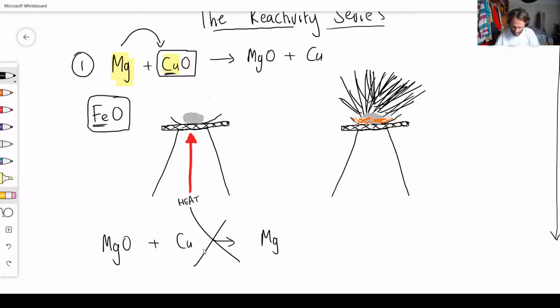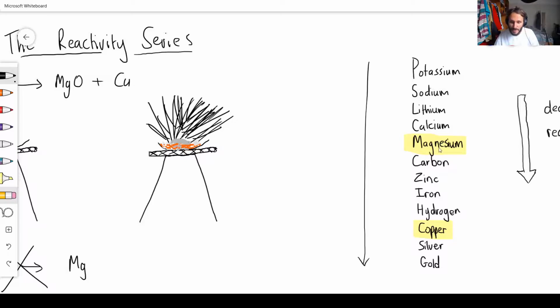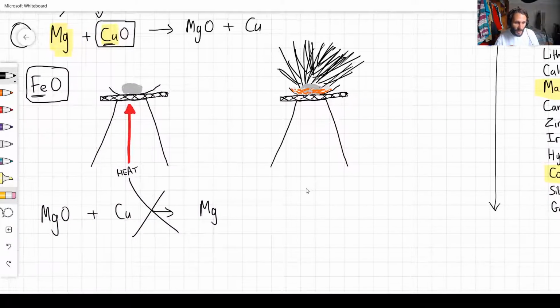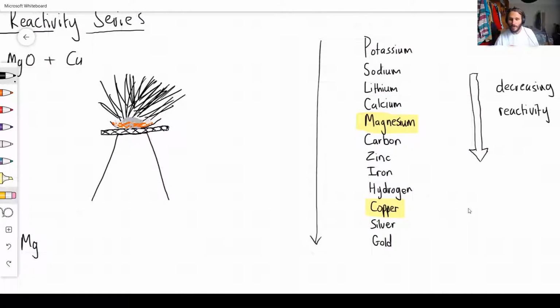The reason it doesn't happen is because magnesium is higher than copper. You can't take copper and replace magnesium, because copper is below magnesium. So you can do a lot of different experiments here, as long as the element you're trying to replace is below the replacing element on the Reactivity Series.